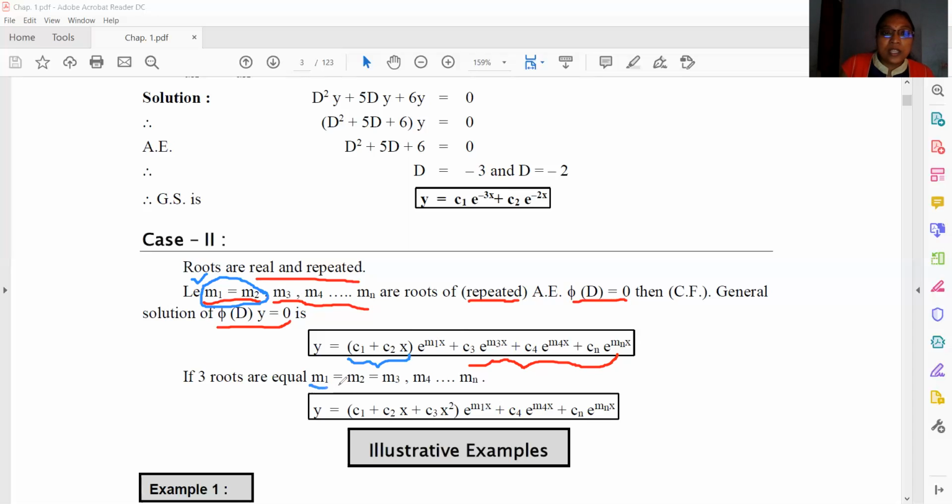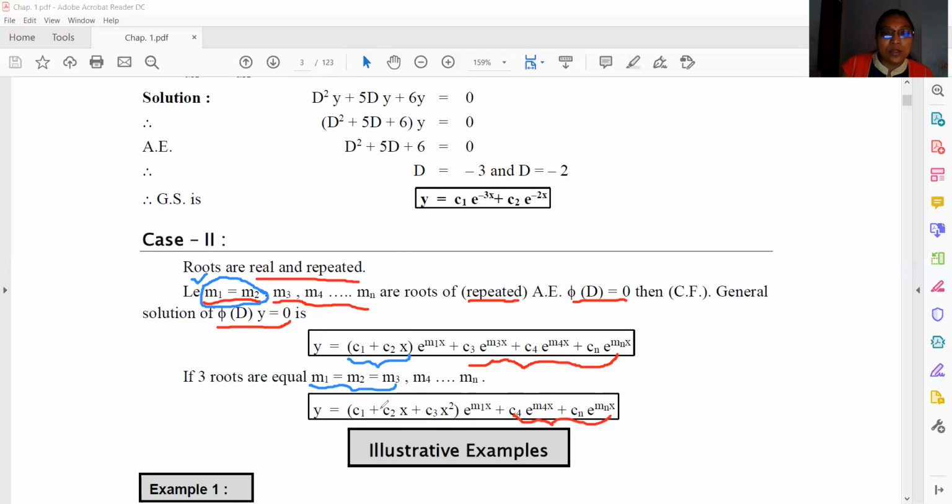Suppose 3 roots are repeated, if m1, m2, m3 are the same and the remaining roots are real and distinct. So for these remaining, non-repeated roots, we write the solution in the regular way.